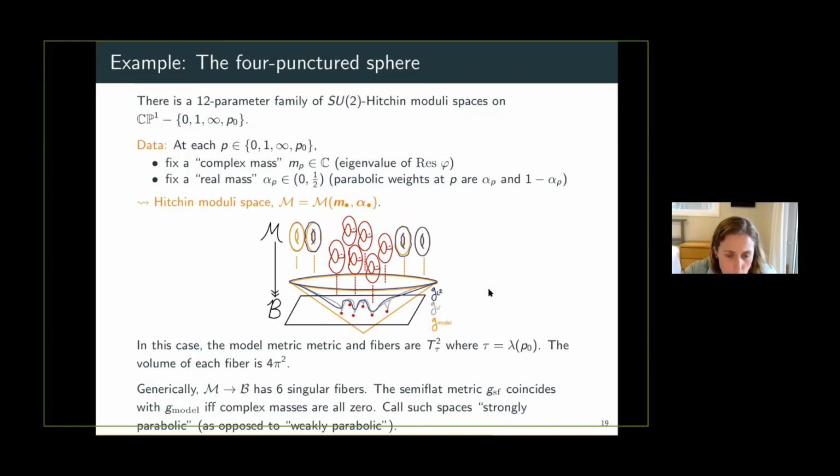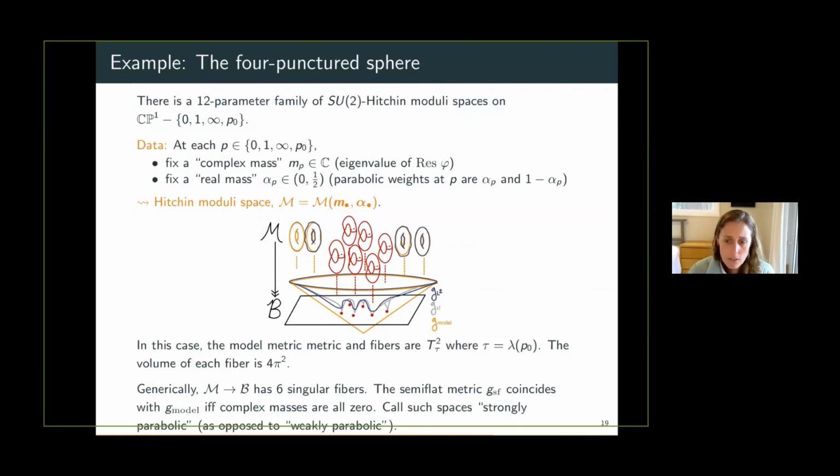So generically, this fibration has 6 singular fibers. That's because these 6 singular fibers are the location of the zeros of the discriminant of a quartic, and the discriminant of a quartic is of order 6. And so that's what this generically would look like.